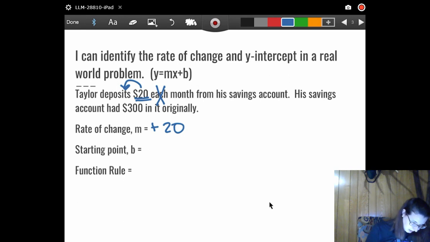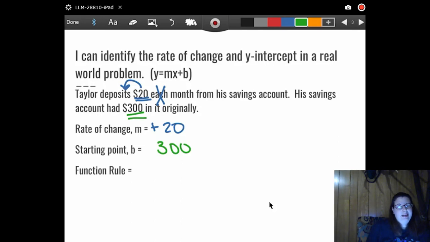Now next, I'm looking at our starting point. His savings account originally had $300. That means our b number is going to be 300. And again, we need to decide, is it a positive or a negative? And because it already had money in it, that means our 300 is going to be positive.